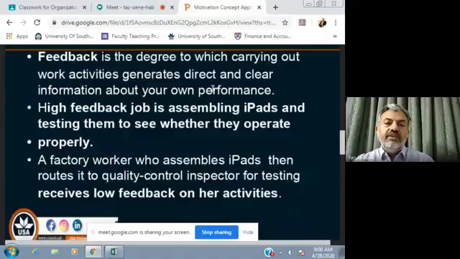However, the quality control department generates a report at the end of the day that today we received 25 iPads, and of those, 23 were working perfectly and 2 had issues. So then they are going to receive feedback at a very late stage in time. That's why it scores low on feedback.